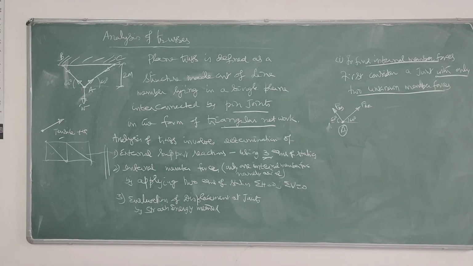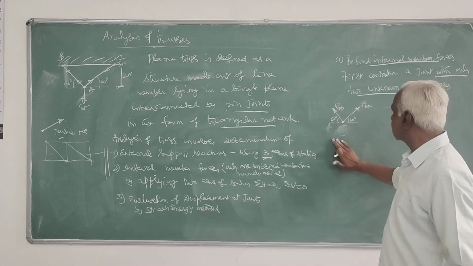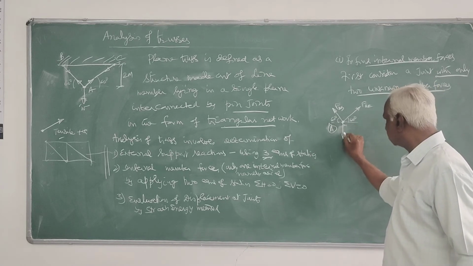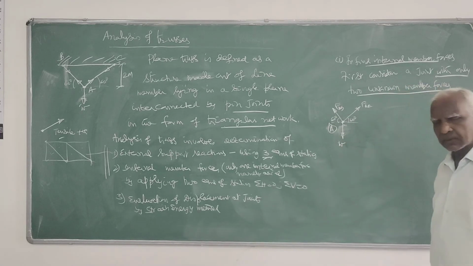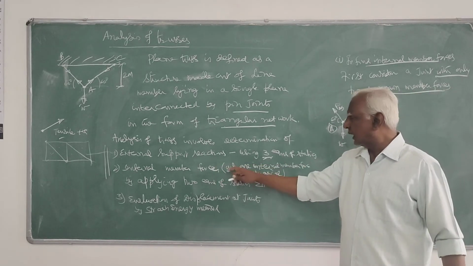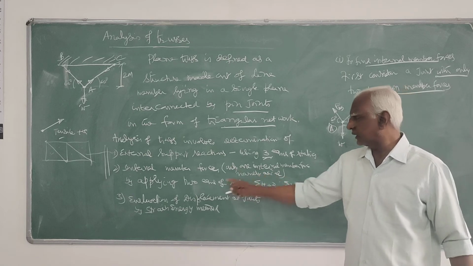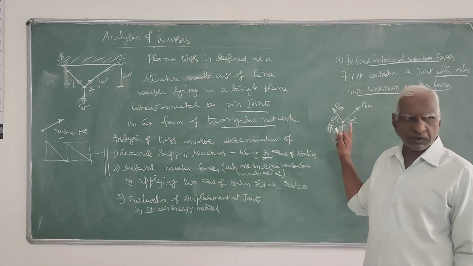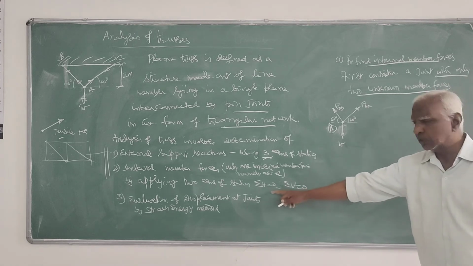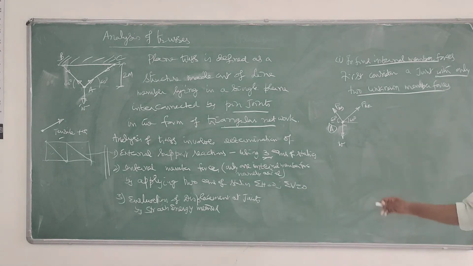To draw the free body diagram, of course there is a load W also acting. Then you have to consider, at any joint, the free body diagram of a joint with not more than two members, then apply two equations of equilibrium.